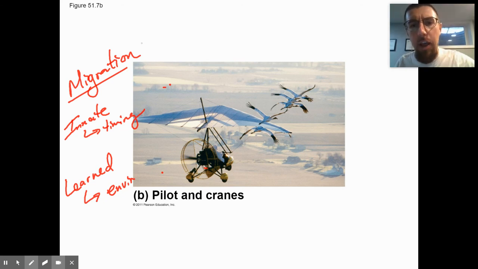For a long time, whooping cranes, especially in North America here, were very much affected by habitat loss and hunting. So in an effort to save them, scientists started dressing up as whooping cranes, getting in these little biplanes, and if they could imprint on the whooping cranes, then the whooping cranes would follow them to the appropriate mating ground and hopefully mate.